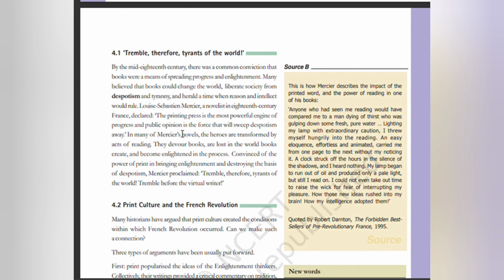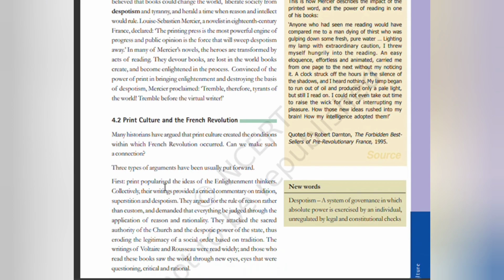In many of Mercier's novels, the heroes were transformed by acts of reading. They devour books, are lost in the world of books, and become enlightened in the process. Convinced of the power of print in bringing enlightenment and destroying the basis of despotism, Mercier proclaimed, "Tremble, therefore, tyrants of the world, tremble before the virtual writer."